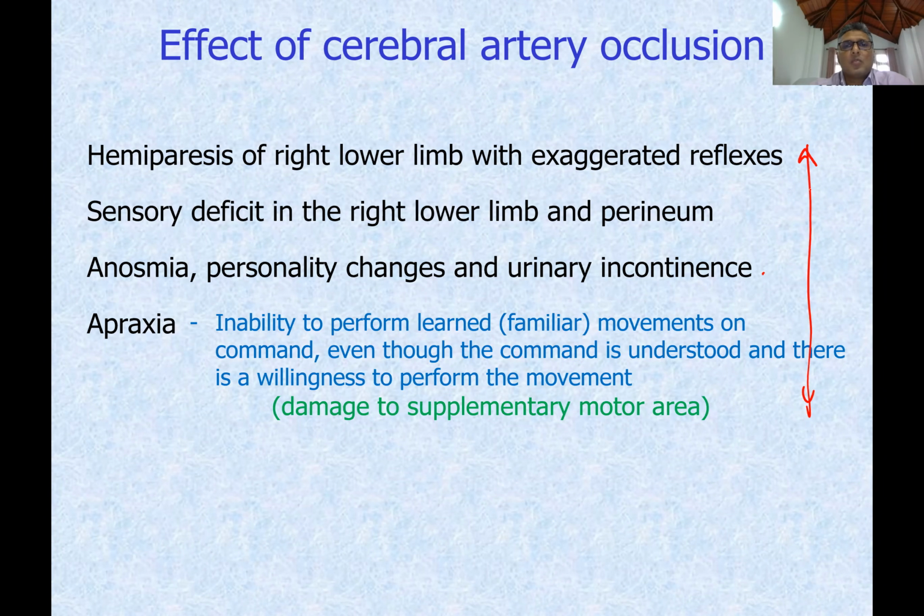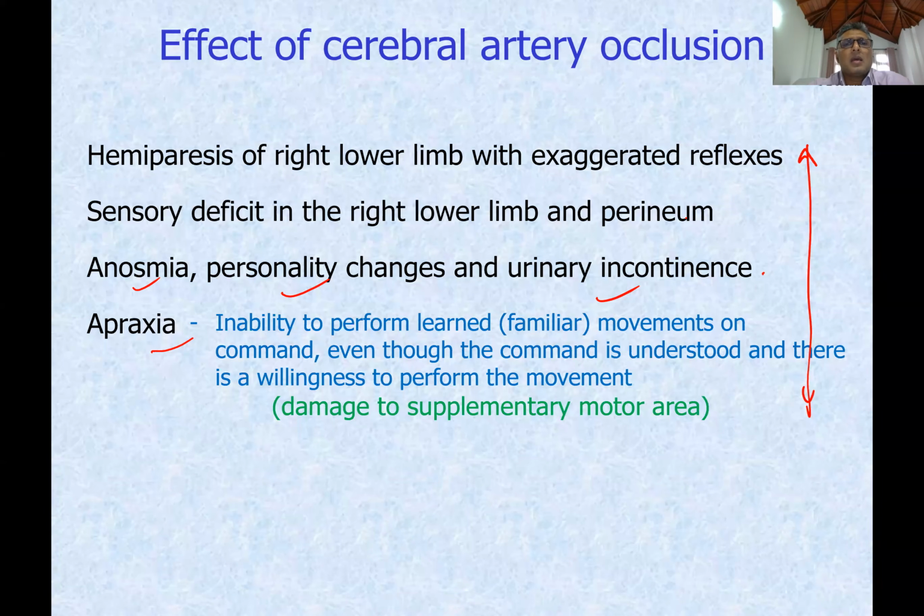All these things taken together cannot be explained by a lesion of the spinal cord, because in a spinal cord lesion you will never get these things. They all indicate that it's not a spinal cord lesion. It's definitely a cerebral lesion. That's one point you have to remember.